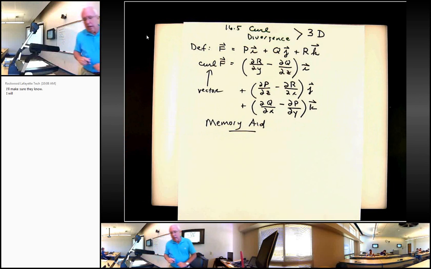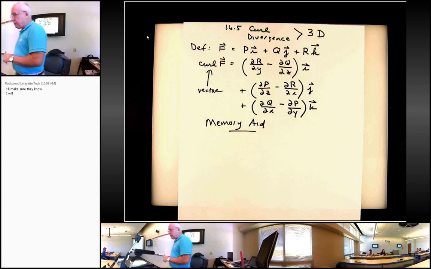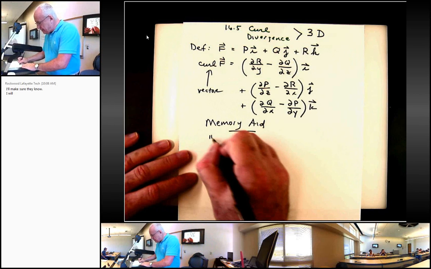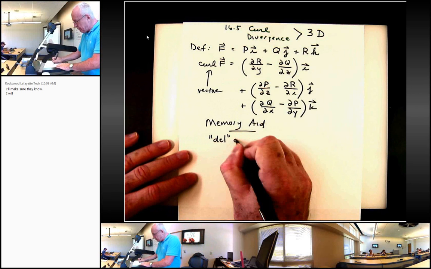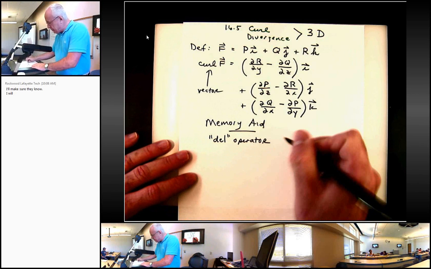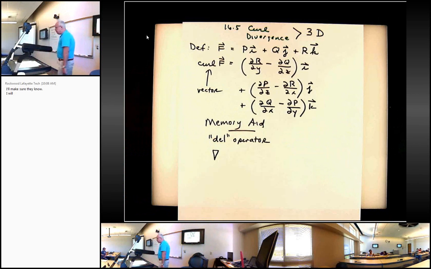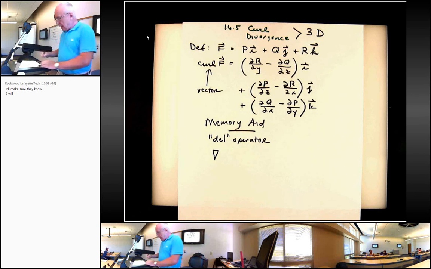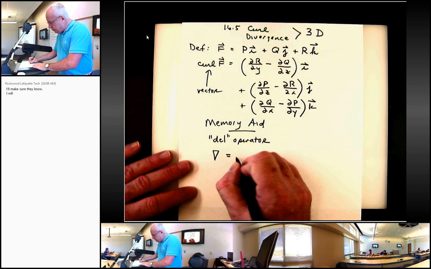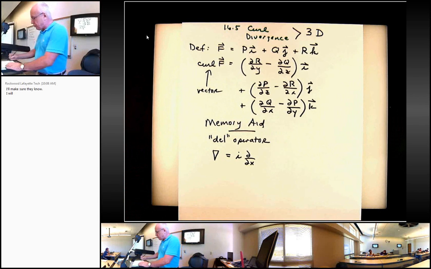All right. Now, to introduce this memory aid, I have to introduce this one concept called the del, D-E-L, operator. And it's represented by another one of these upside-down triangles, all right? And it's equal to the following. The i vector times just this, del, del x. There's no function in there.